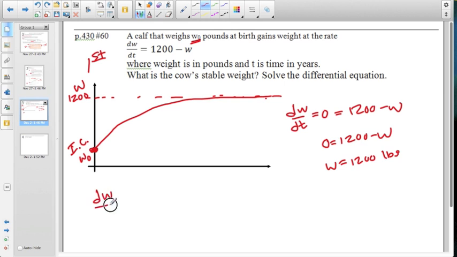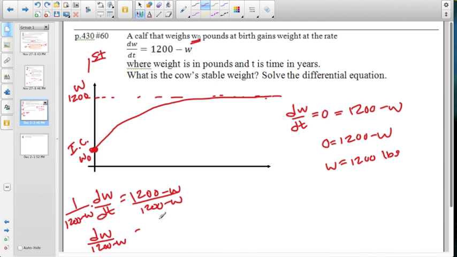We would have dW/dt equals 1200 minus W, and we would have to take that entire expression, 1200 minus W, to the other side by dividing both sides by 1200 minus W. So I'm going to divide over here by 1200 minus W by writing it in fractional form. So we have dW over 1200 minus W equals 1 dt.